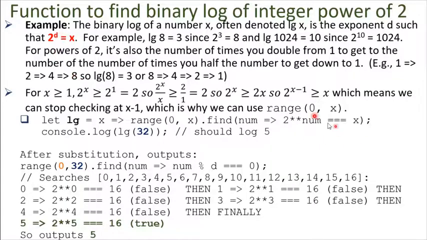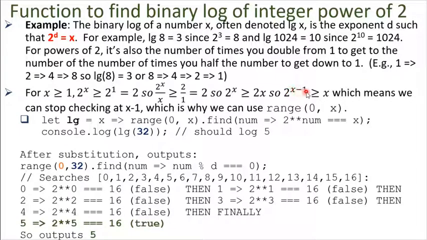Where can you stop checking? So you could see a little algebra here. You could actually stop checking at x minus 1. Generally, you could stop checking at a lot smaller number. So for instance, if you wanted the binary log of 1024, it's certainly going to be less than or equal to 1024 minus 1, or 1023, right?